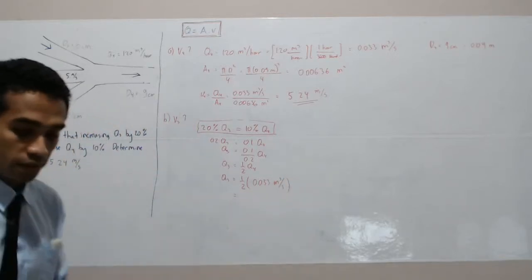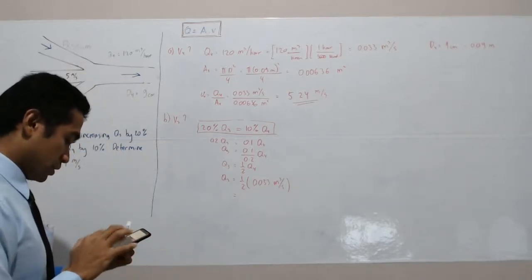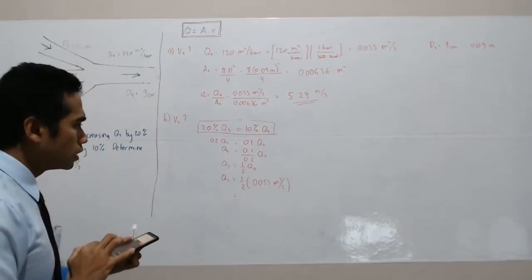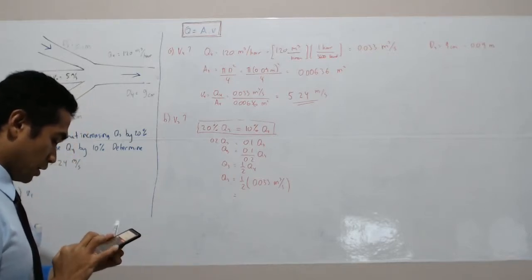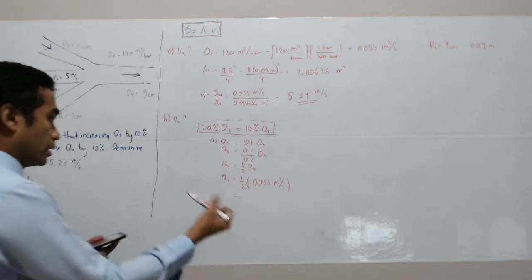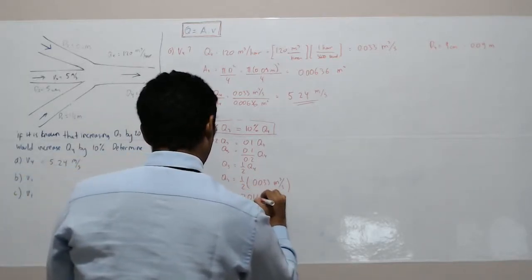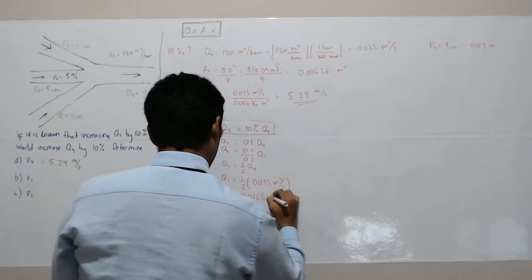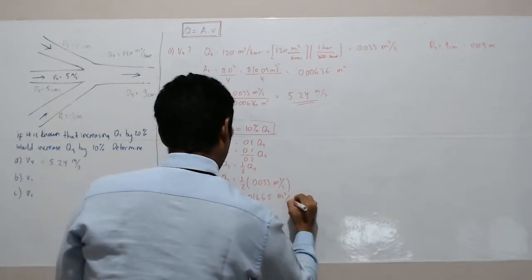Calculator, 0.033 divided by 2 is around 0.01665 cubic meters per second.